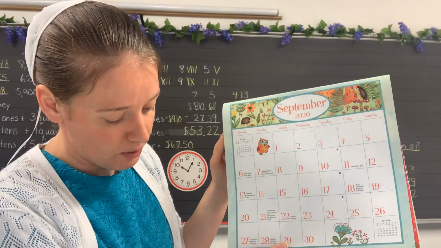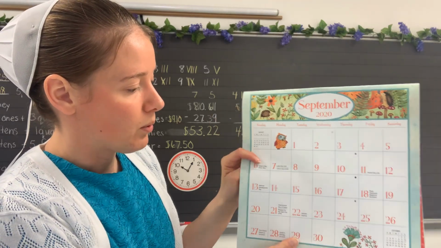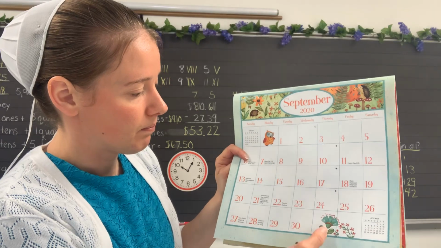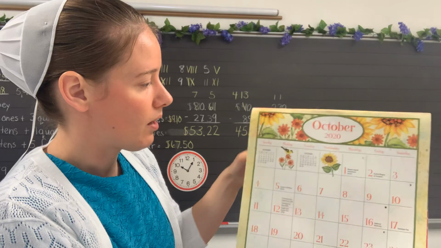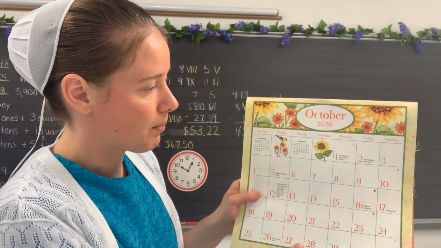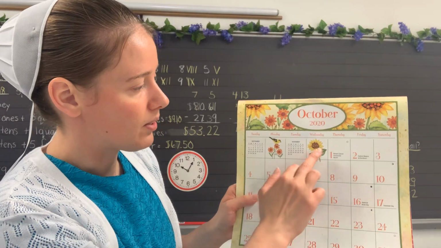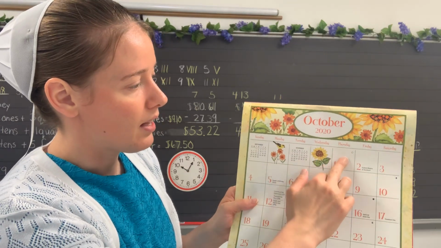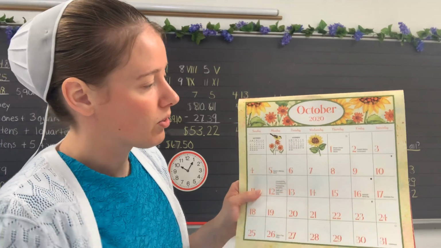So the date after the 30th will be there. So we'll just put the calendar page, and October is the next month. So the date after the 30th of September, which was Wednesday, this is the next day, so that will be October 1st.